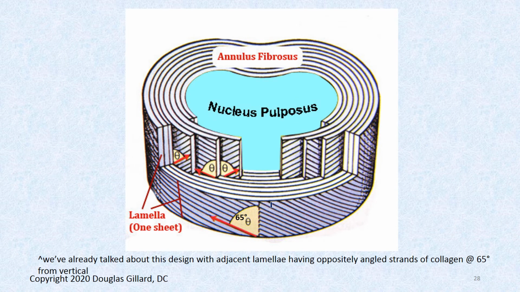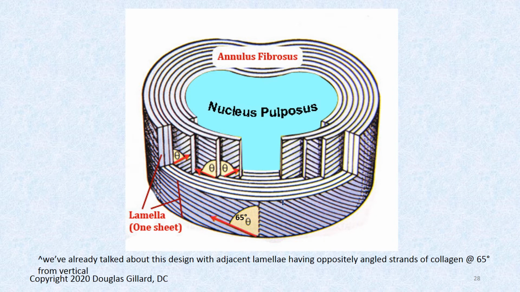Remember, the lamellae are sheets of collagen, type 1 collagen. They're very strong, and the collagen is arranged in these fibers running right here. So the collagen make up the lamellae, and they're orientated 65 degrees from a vertical line, but they alternate.